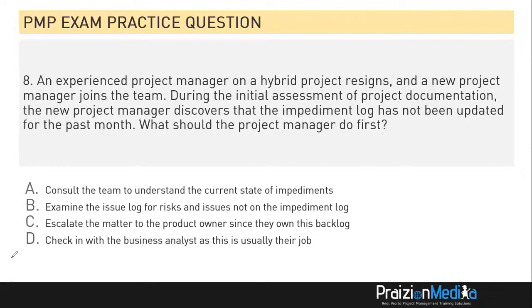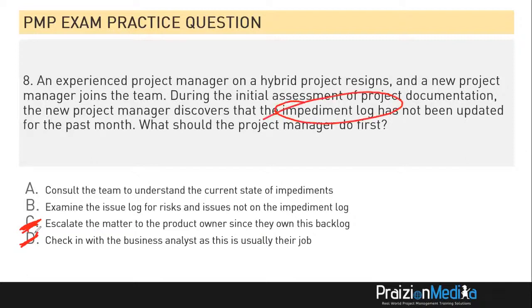First of all, this is not the job of the business analyst. That is not true, right? The whole idea about the impediment log being the job of the business analyst is wrong. C says escalate the matter to the product owner since they own the backlog. Again, it's not true. When it comes to the impediment log that we have in this question, it's not the same as a product backlog.